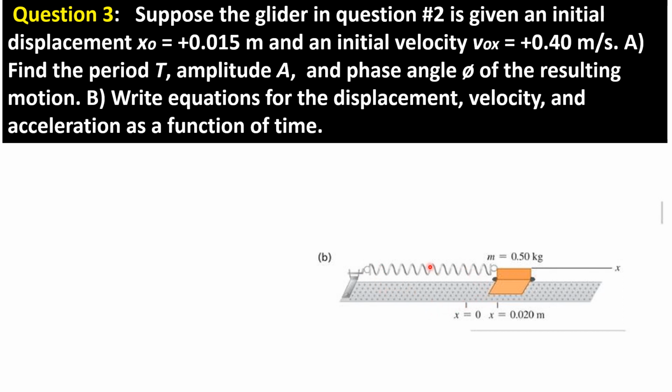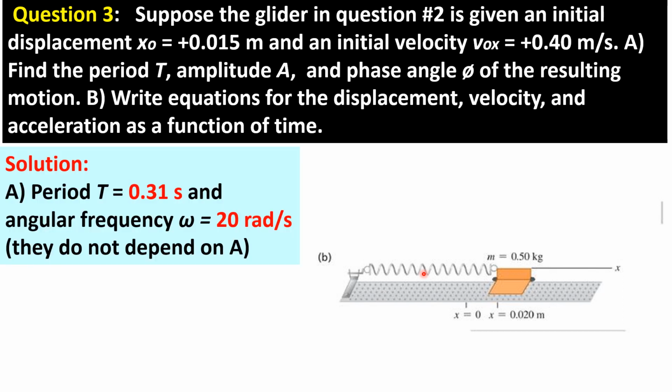Our first task is to find the period T, but earlier we already got the value of the period, which was 0.31 second, for the same body, the glider. The angular frequency was also determined earlier as 20 rad per second.